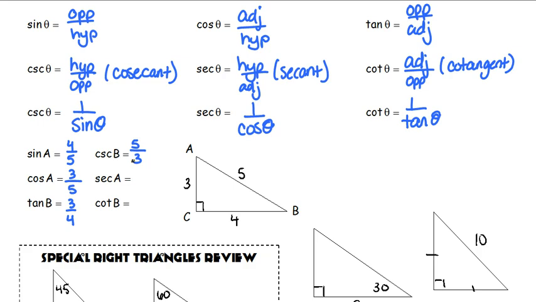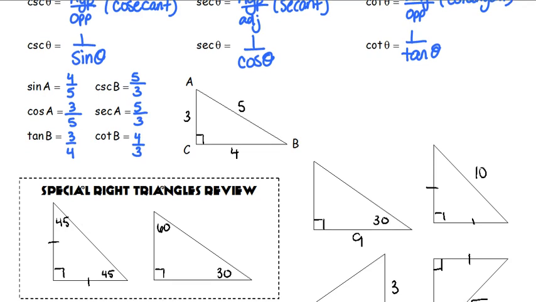Secant is hypotenuse over adjacent, and we're looking at secant of A. So here's my angle A. My hypotenuse is 5. My adjacent is 3. And our last one is cotangent of B. So again, we start with B. Cotangent is adjacent over opposite. So if here's B, my adjacent side is 4, my opposite side is 3. So that's 4/3.